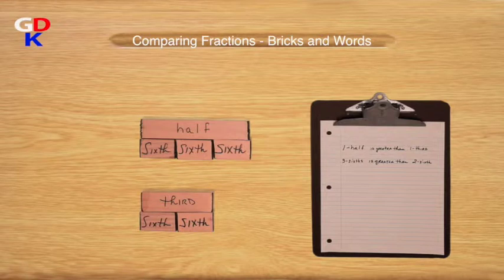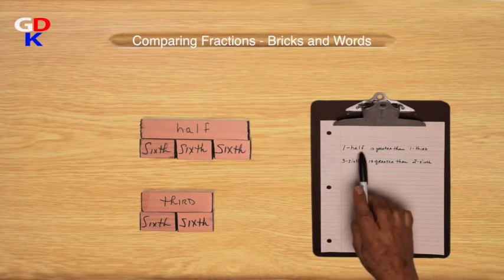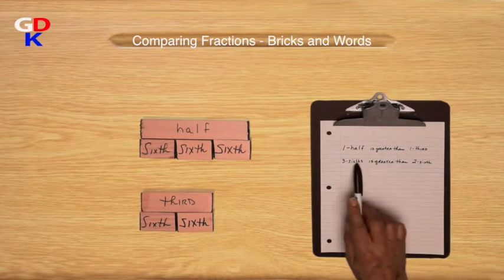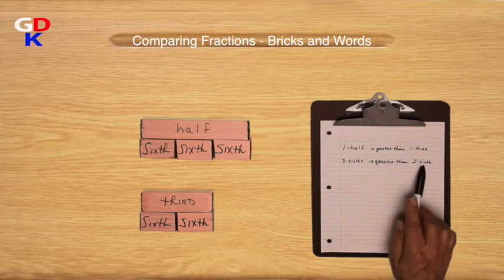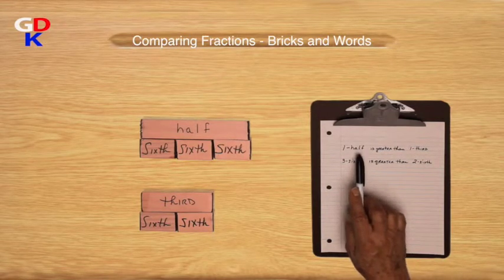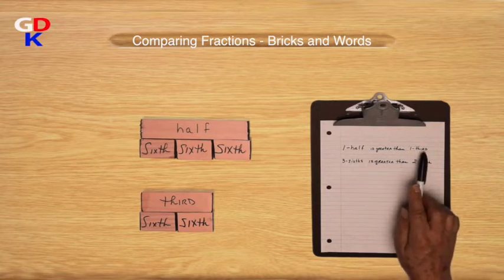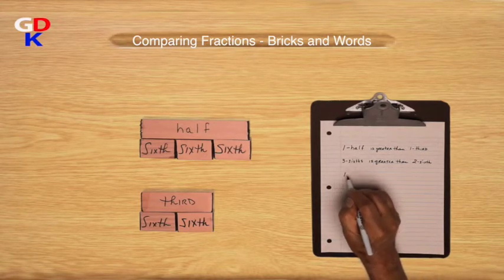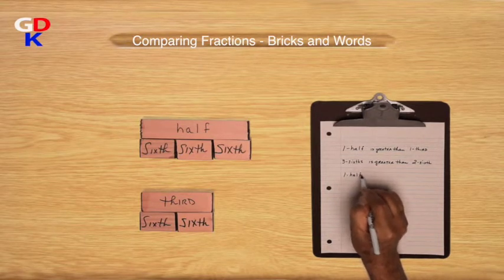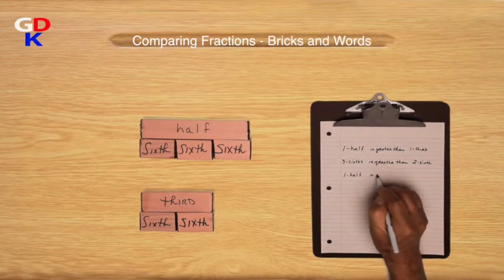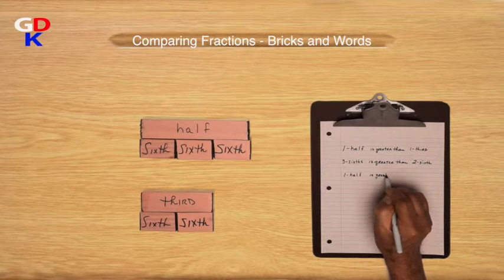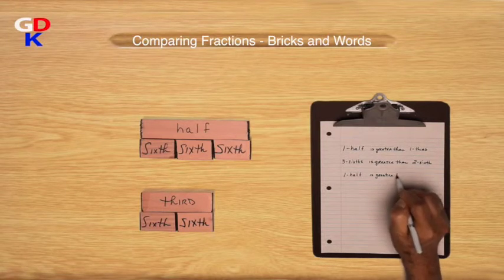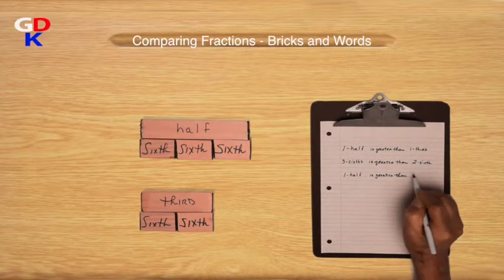So what we have here is 1/2 is greater than 1/3, 3/6 is greater than 2/6 because 1/2 is equal to 3/6 and 1/3 is equal to 2/6. And we can say again that 1/2 is greater than 1/3.